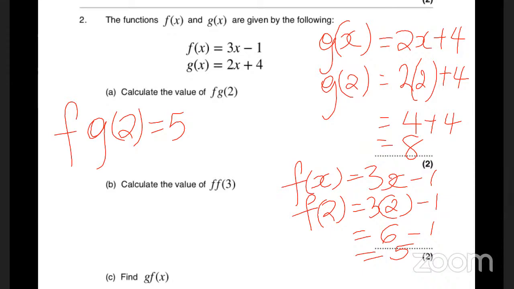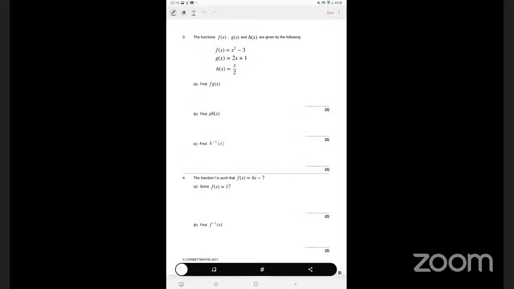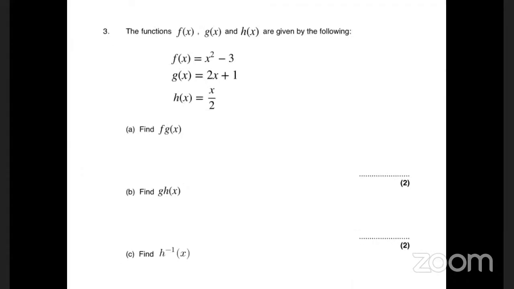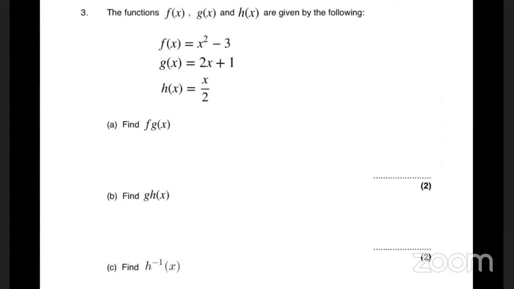I'll pay attention to the chat so that I see if I'm making any other mistake that you're pointing out. All right, so let's get back to the next question. So this is a question, and I'm just going to start the 5 minutes again. So you take your time and just work yourself through the question.